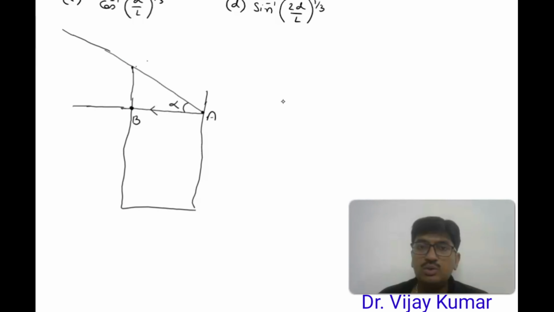Suppose this is a rod, so perpendicular of this rod it should be the normal, and we can extend this normal in behind this rod, and this is the intersection point. Suppose this point is C and this intersection point is D, and weight should work in downward direction.